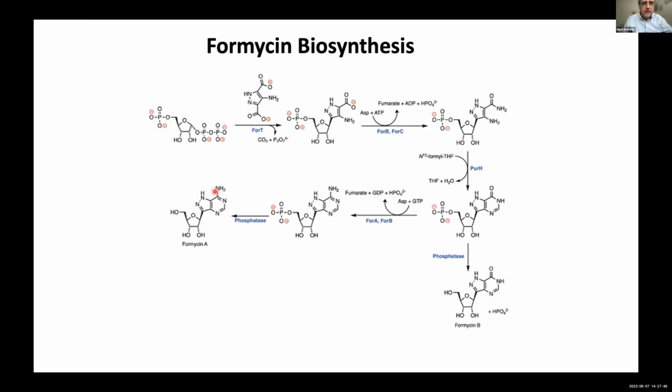So 3 or 4 years ago, we got interested in the pathway that leads to these kinds of structures. The key enzyme in this pathway, and this is what I'm going to be talking about today, is an enzyme we call 4T. That enzyme takes this activated ribose 5-phosphate. We're not going to worry too much about the biochemistry, but basically the pyrophosphate is a leaving group.